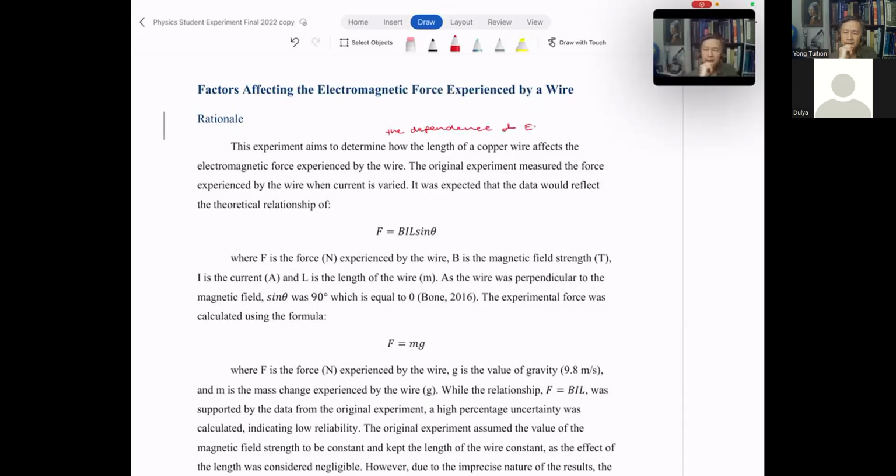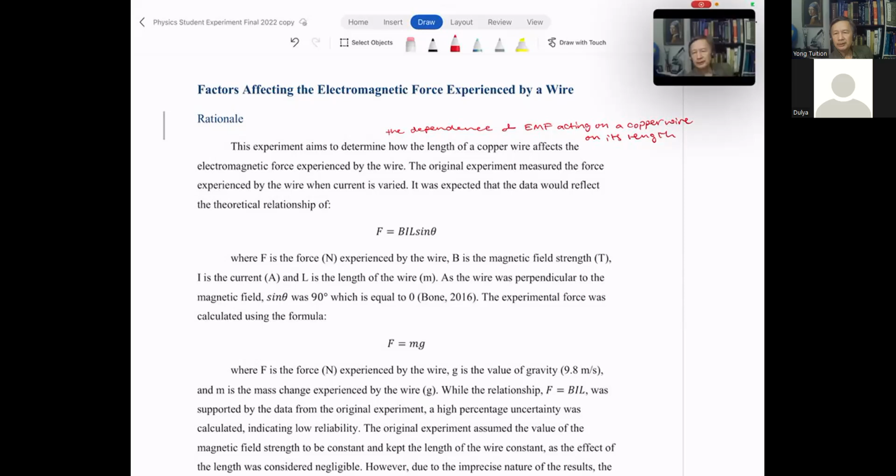The dependence of the magnetic field acting on a copper conductor on its length. The original experiment measured the force experienced by the wire when current is varied. In the original experiment, no, I don't want to change too much.